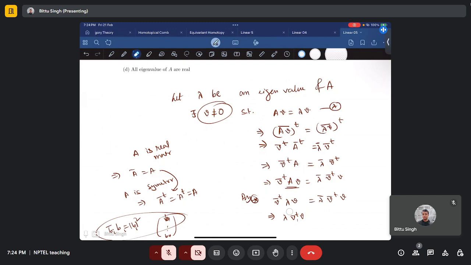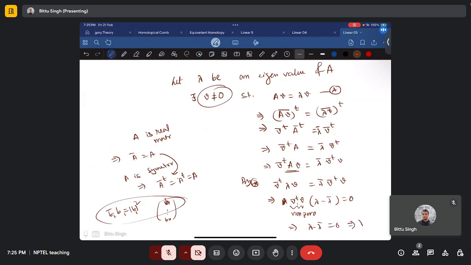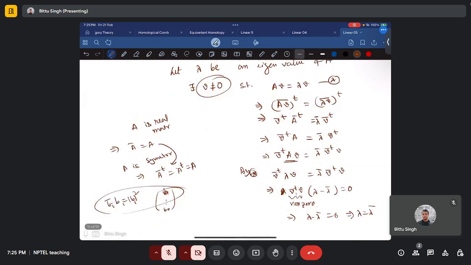So take lambda minus lambda bar times v bar transpose v common, then we get lambda minus lambda bar times that equal to 0. But this is non-zero, therefore the other factor must be 0. So lambda minus lambda bar equal to 0. That is, lambda is the same as lambda bar. But when is this possible?